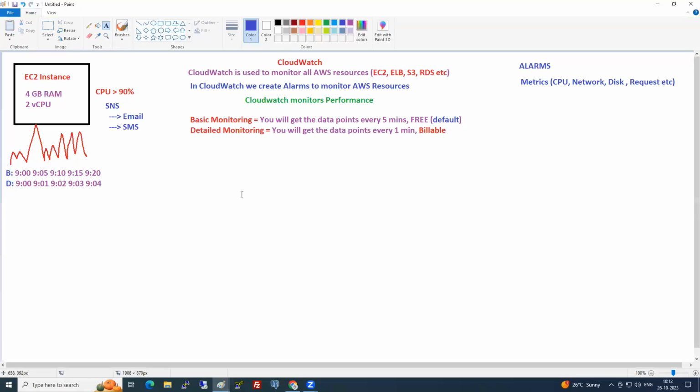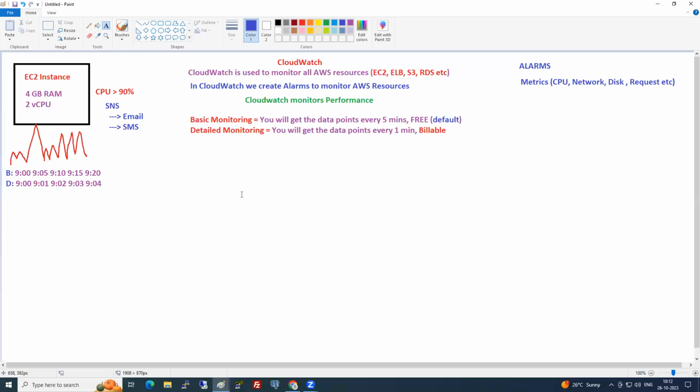Already the load balancer is doing health checks, so why was the CloudWatch concept introduced? I'm talking about EC2 instance level. The load balancer is doing the monitoring for the application.